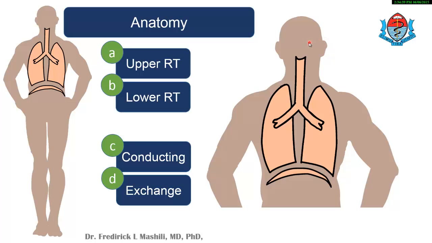Because oxygen is coming in, and the volume of oxygen that comes into the lungs needs space, so the lungs need to expand to accommodate the oxygen. But also the lungs relax, and you have what is called elastic recoil, because carbon dioxide needs to be expelled outside. That means the volume of the lungs has to change to be able to expel carbon dioxide.